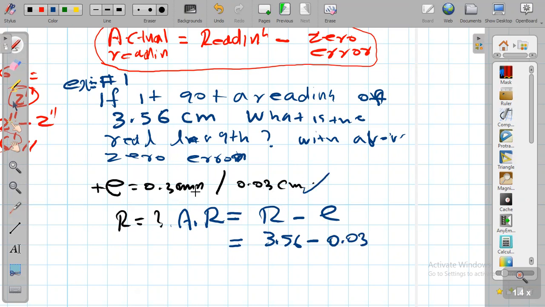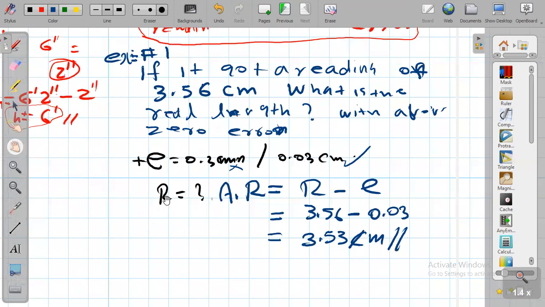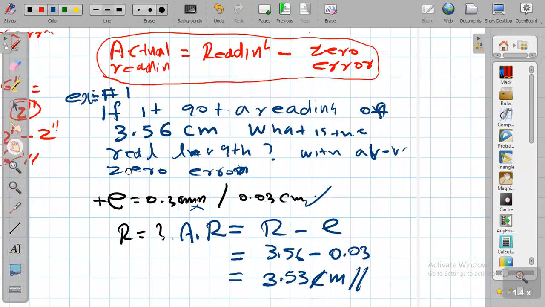You have to go with this one or with this one. You will finally get the answer 3.53 centimeter. I believe you understood somewhat of it.